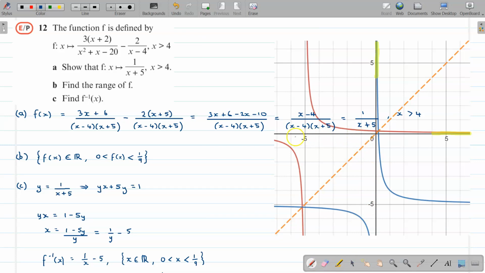All these values would give rise to all of this blue stuff here, but we can't include that because the domain of this function f dashed of x is determined by the range of the original function f. And that answers that question.